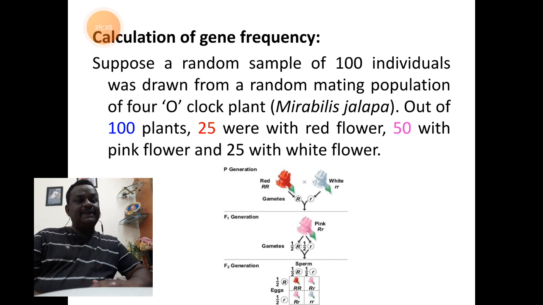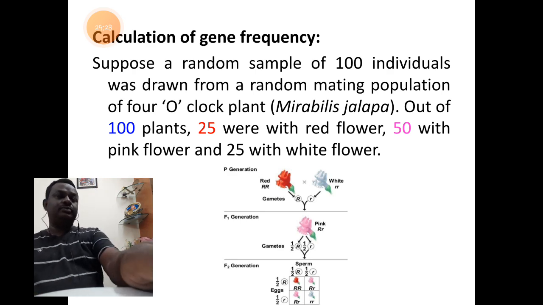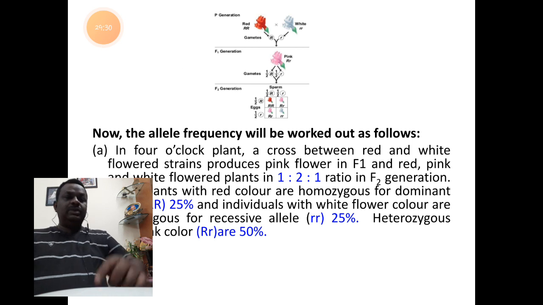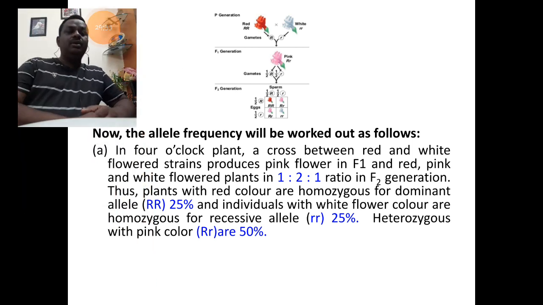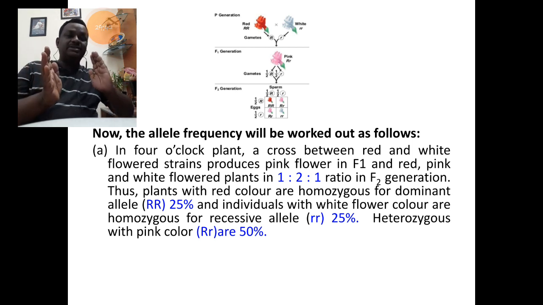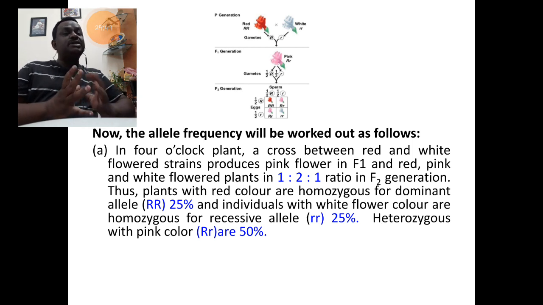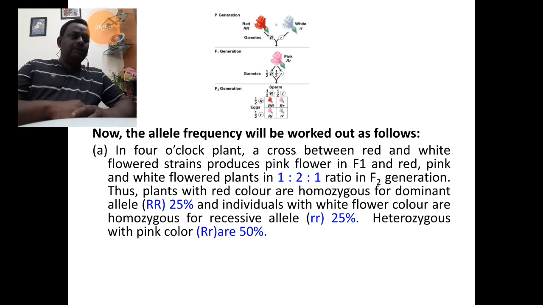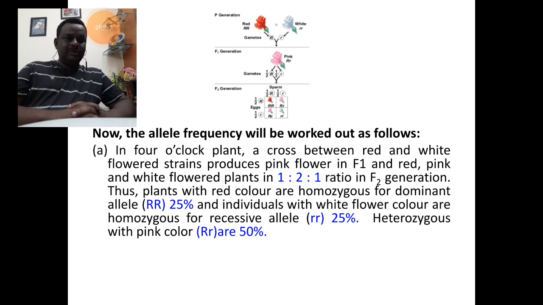So of 100 plants, 25 are red, 50 are pink flowers, 25 are white flowers. We need to calculate the frequency. When a red and a white flower, homozygous dominant and homozygous recessive, are crossed, we get heterozygous intermediate pink color flowers. This is the F1 generation.